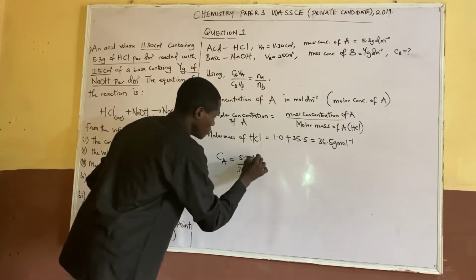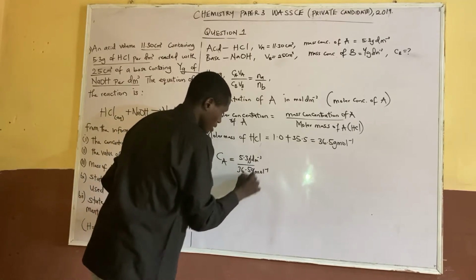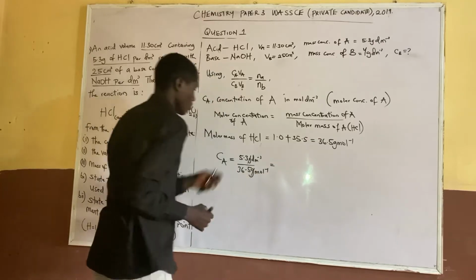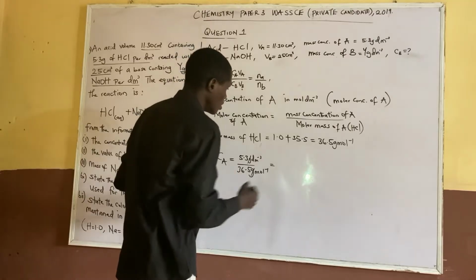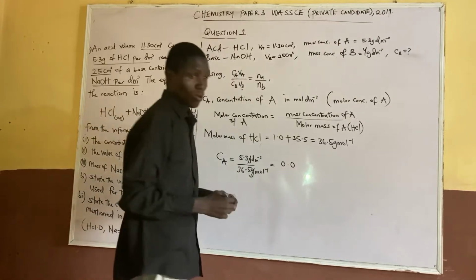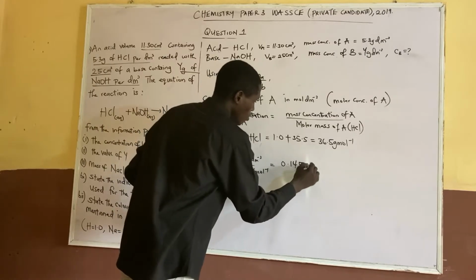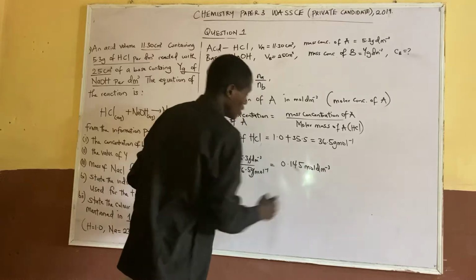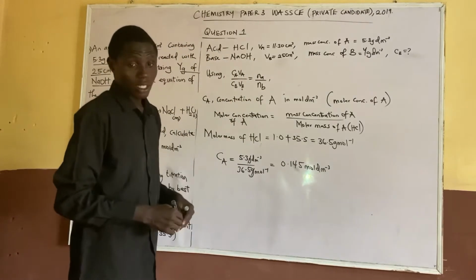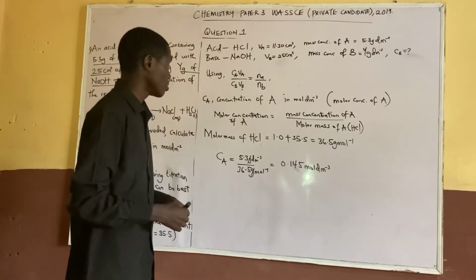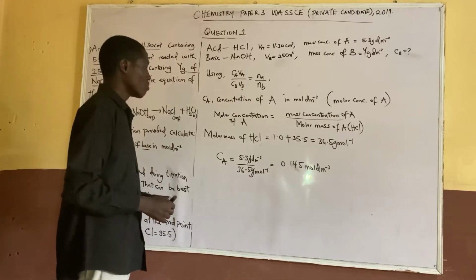Gram per dm cube over gram per mole, so gram cancels gram, and we have mole per dm cube. So this one times this one will give you 0.145 mole per dm cube, to 3 significant figures.